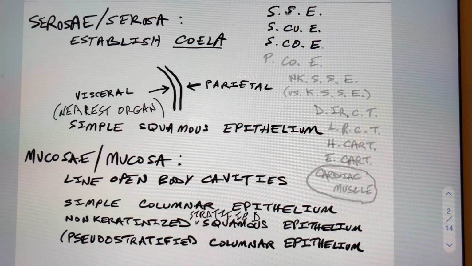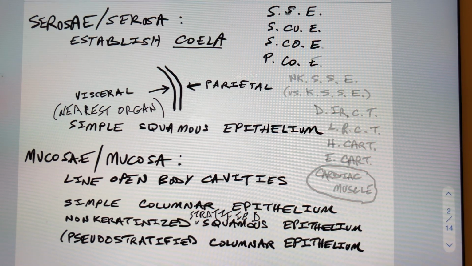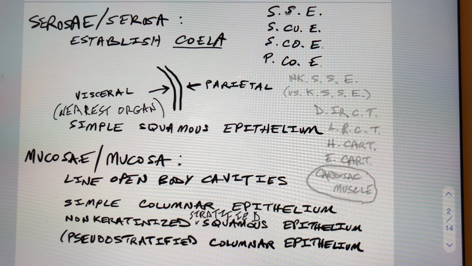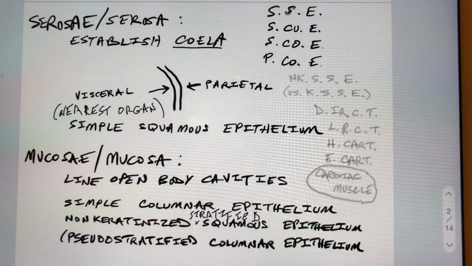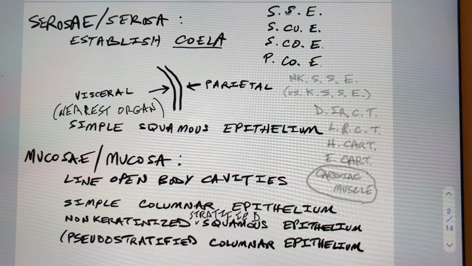Okay. We also need to recall pseudostratified columnar epithelium. That's going to line our nasal cavity. It's going to line part of our pharynx, but we'll get into that nitty-gritty when we get there. And then hopefully you're already associated with the lining of the trachea. Okay.